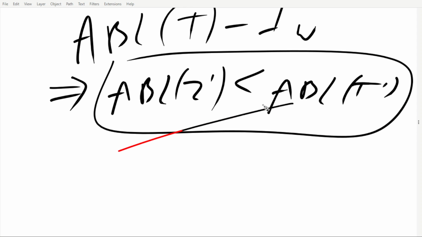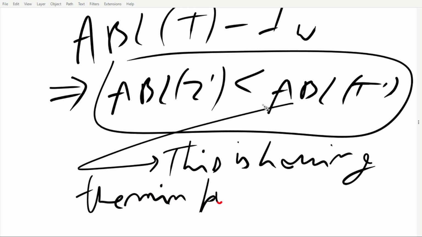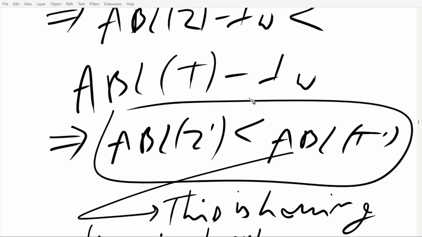Why? Because our assumption is that this has the minimum possible average bit length. So we cannot have any Z prime having less average bit length. So we are getting a contradiction.